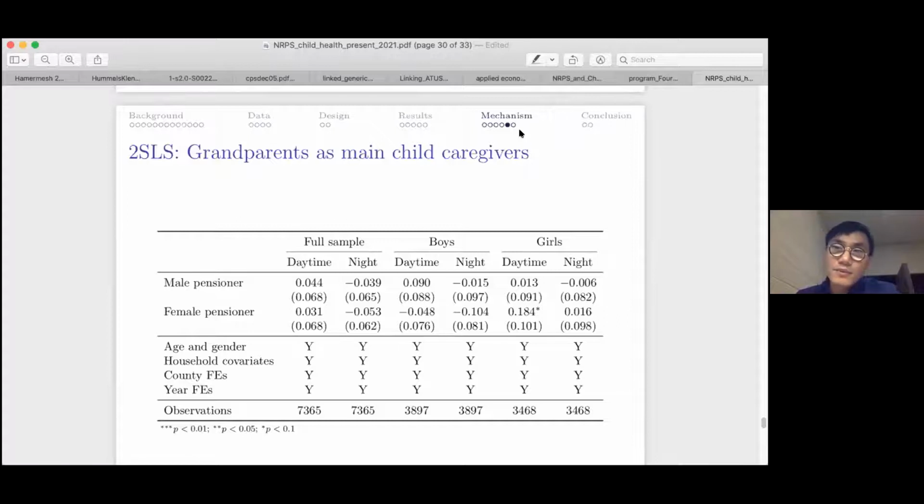Instead of spending time with them, they may just give them pocket money and let them buy snacks and ice cream, and that pocket money could have significant effects on the nutritional or calorie intake of the children. Instead of spending time with them and cooking healthy food, the way that grandfathers spend time with their grandchildren or grandsons may have more adverse effects on the children's weight.